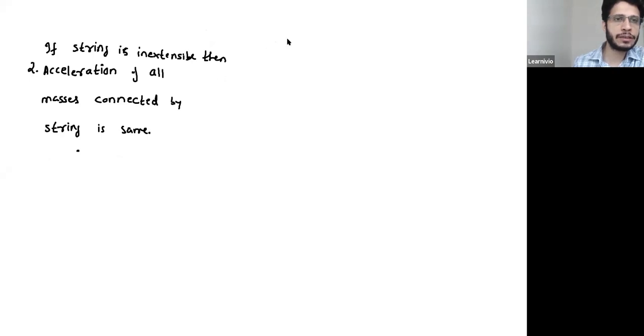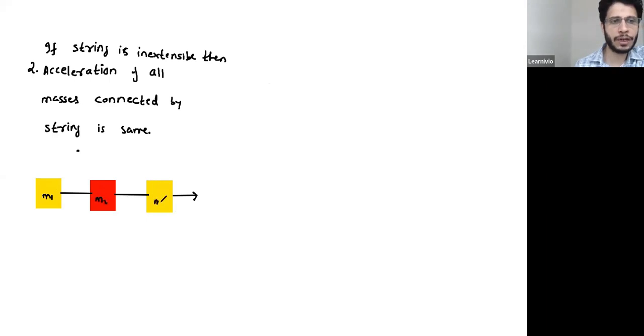So you can take this as, you take three blocks, connect each block by a string, this is M1, this is mass M2, this is mass M3.